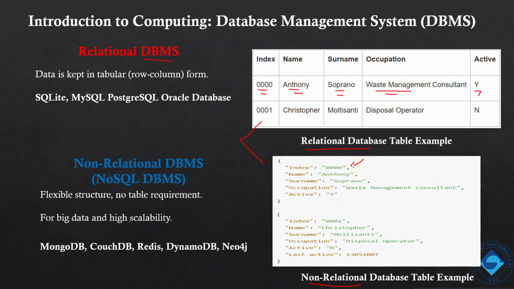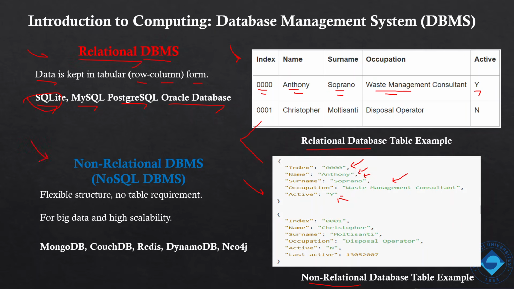Again, same index, same name, surname, same occupation, and active. The first one is represented using a table, the other one is more flexible, as you can see. In the first database, data is kept in tabular row and column form. As examples, we can say SQLite, MySQL, PostgreSQL, and Oracle database. And in this lecture, we will see SQLite and the relational database management system.